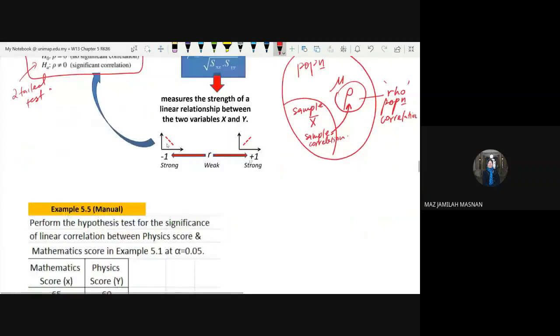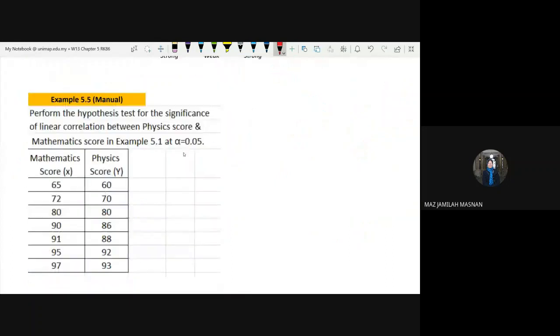Now, let us look at the same exact example of mathematics score and physics score. Perform the hypothesis test for the significance of linear correlation between physics score and mathematics score in example 5.1 at alpha 0.05.